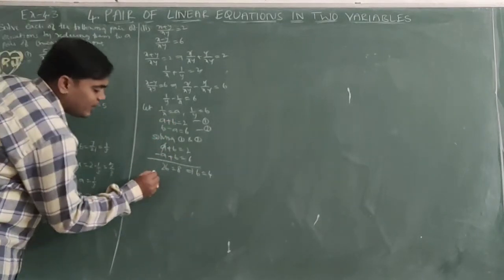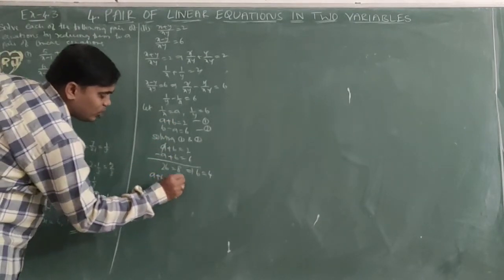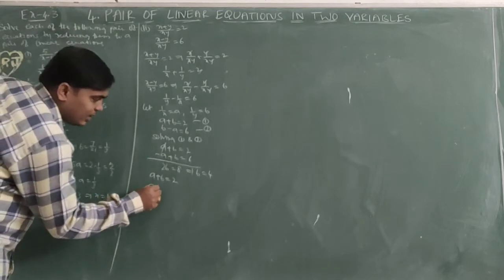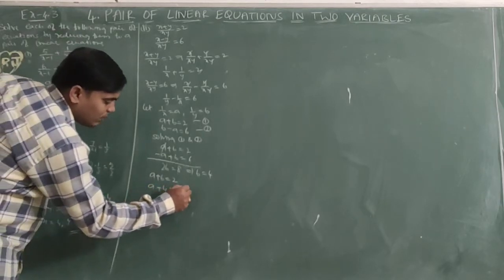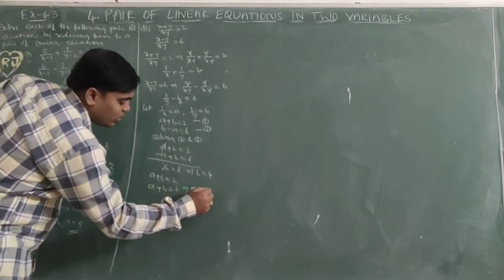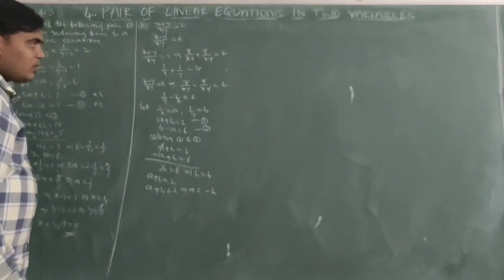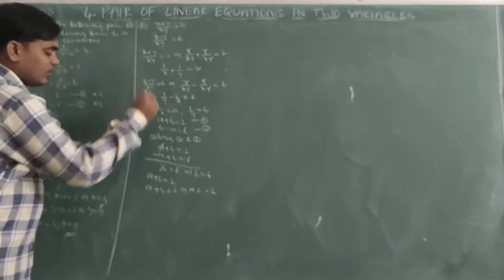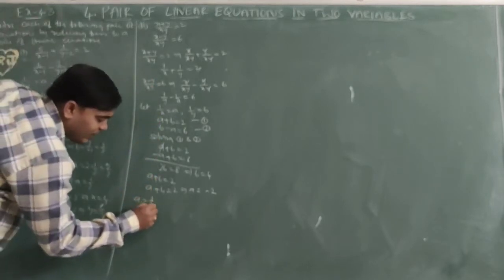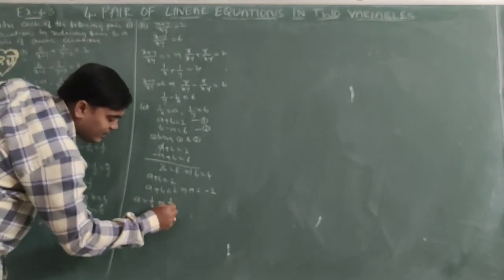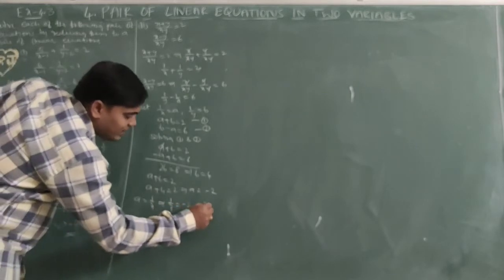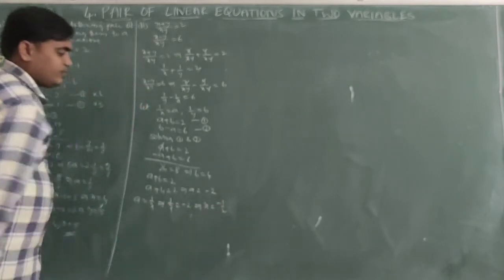So a plus b equal to what? a plus b equal to 2. a plus 4 equal to 2 implies a equal to 2 minus 4, minus 2. a equal to minus 2. Now a equal to 1 by x implies 1 by x equal to minus 2, so x equal to minus 1 by 2.